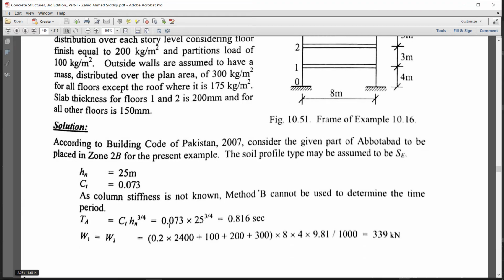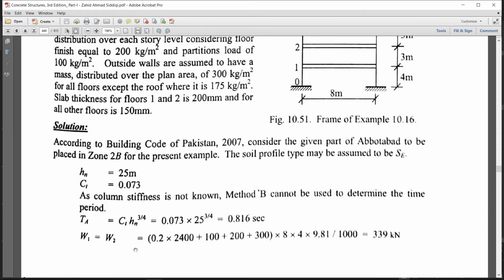So here is the formula for the time period of this building: 0.073 multiplied by 25 to the power 3/4. The time period of this building is 0.816 second.